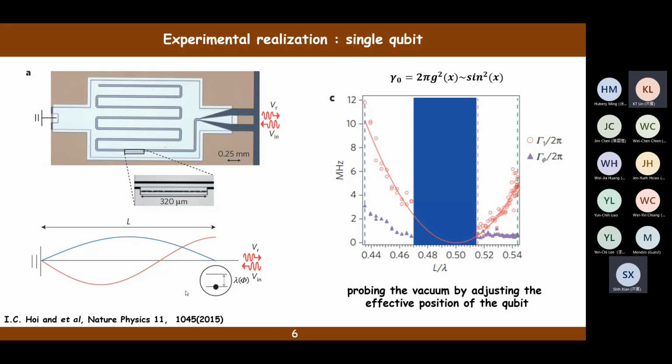Hi, could you remind me again why you consider one qubit in the transmission line, the waveguide, and later you consider the multi-qubit case? Is it better, or is it for different cases? Well, at the starting point, we need to deal with the simplest situation, right?